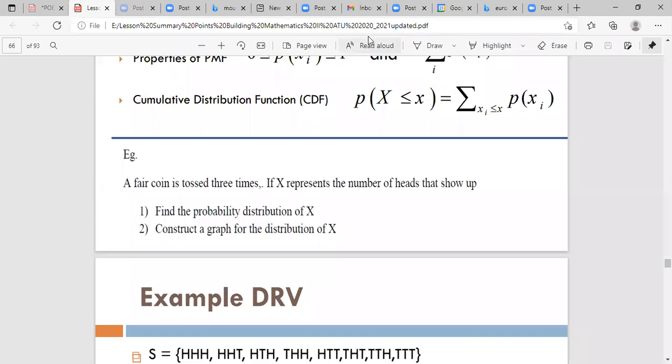I want to use this same example we used last week. So instead of constructing the graph, I want you to find the expectation.